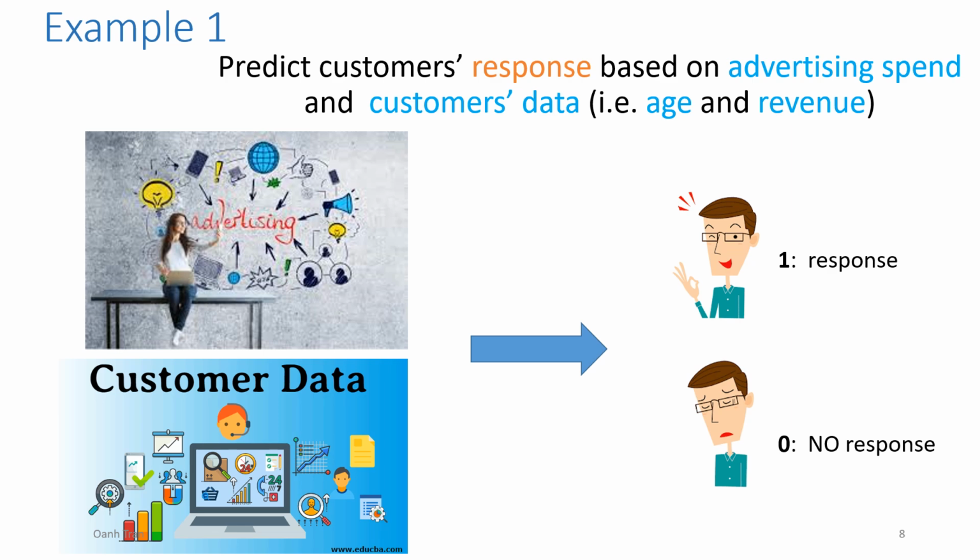Okay, so for designing, I will put you to try with the first example. Suppose you are working with the marketing department in a company. They want to predict the customer response based on some features of the customer, like advertising spend and customer data, like the age and the revenue of the customers. So you want to predict whether or not the customer will respond.